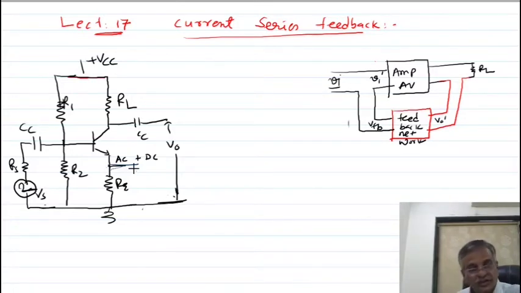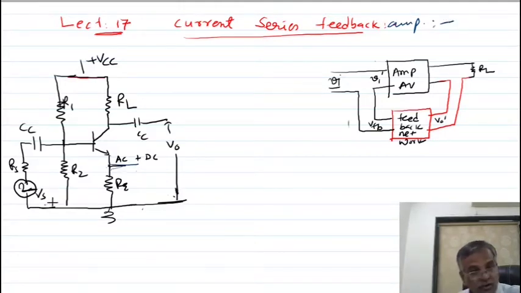So the common emitter amplifier circuit with unbypassed emitter resistor, which is not bypassed by a capacitor, is an example of a current series feedback amplifier.